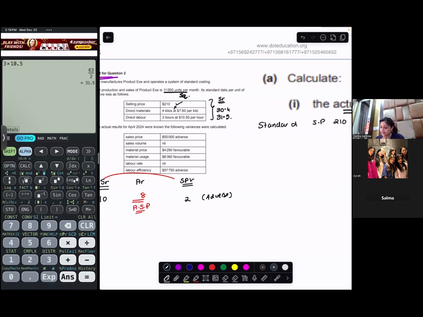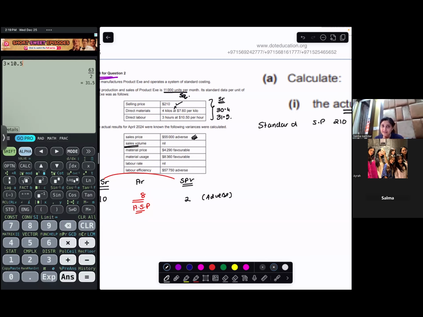There is no sales volume variance. What does this mean? That the actual was the same as the budgeted. Actual sales was same as the budgeted sales. But I know my sales price variance is how much? 55,000.